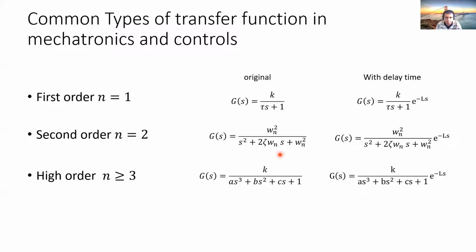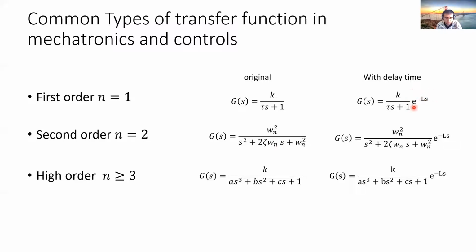This delay time is given by the nature of our system dynamics and is represented in the frequency domain by this exponential, e to the minus Ls. This L represents the delay time that your dynamical system response will have.